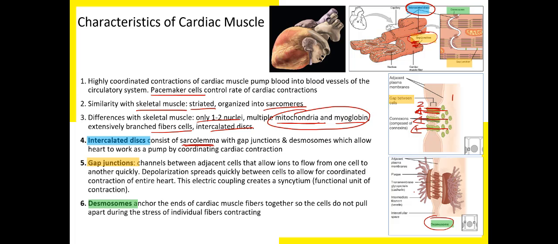And so you want the combination of the gap junctions to allow ions to flow from cell to cell, from one part of the heart to another in order for coordinated contraction to occur. And remember that coordination is very important in order for the heart to actually function properly.